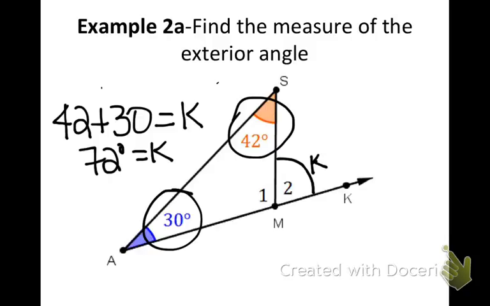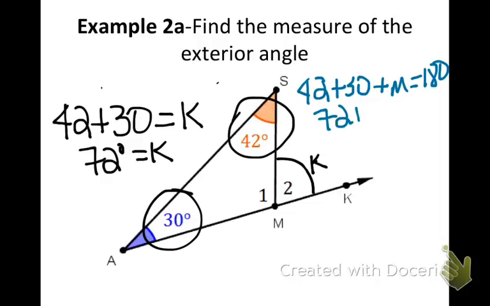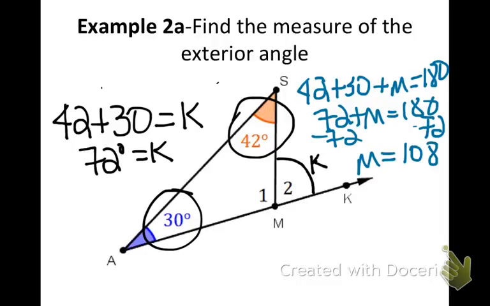So I know that the sum of my interior angles, 42 plus 30 plus angle, we're going to call it little m, must equal 180. So 72 plus m equals 180. Subtract 72 from each side, so little m must equal 108.